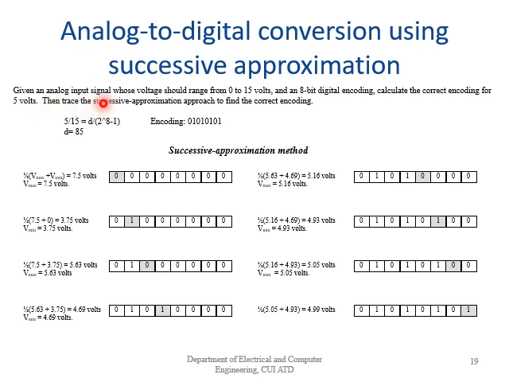Then trace the successive approximation approach to find the correct encoding. If we use the direct method, that is 5 divided by 15, which is our analog voltage divided by V max, is equal to digital divided by 2 raised to the power 8 minus 1, which comes to be 85, and the 85 binary encoding is this.